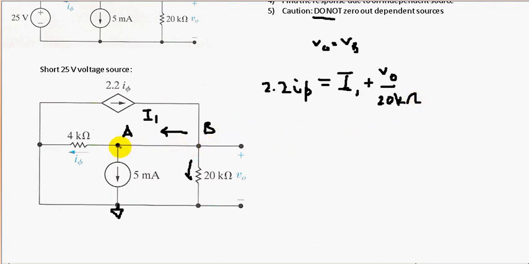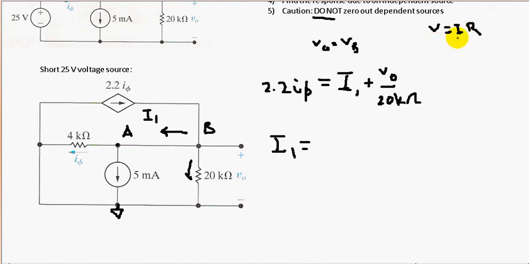Now that was node B. Now let's do node A. What are the currents going into node A and what are the currents going out? The current going in is I1. I1 is equal to the current going out here, I sigma. What is I sigma? It's VA over 4 kilo ohms, using Ohm's law, V equals IR.